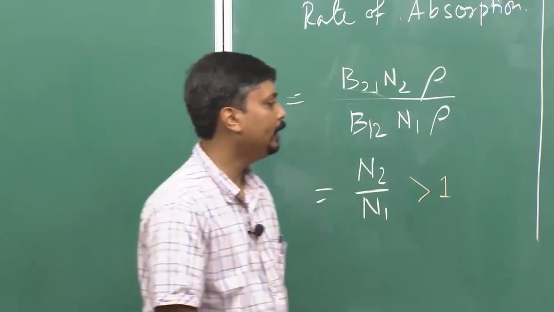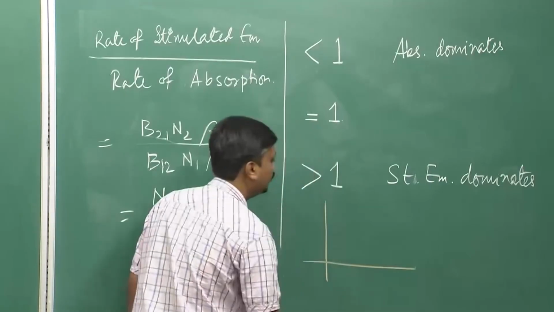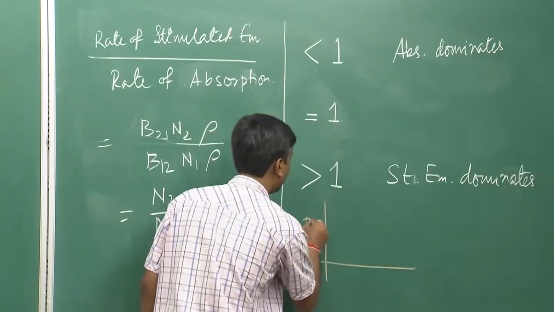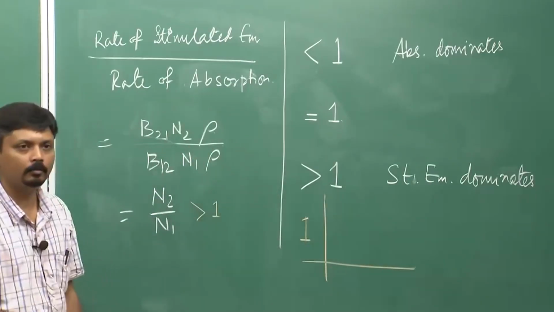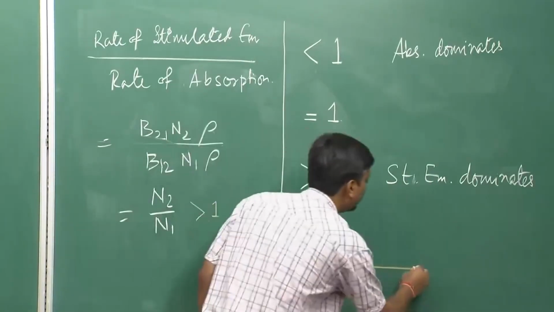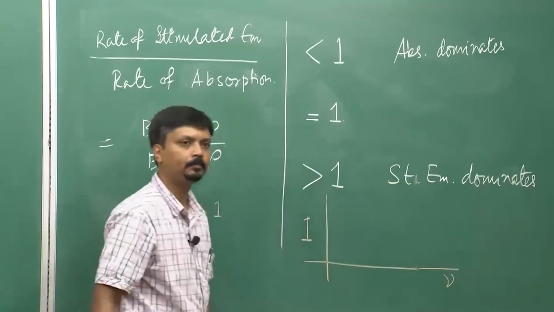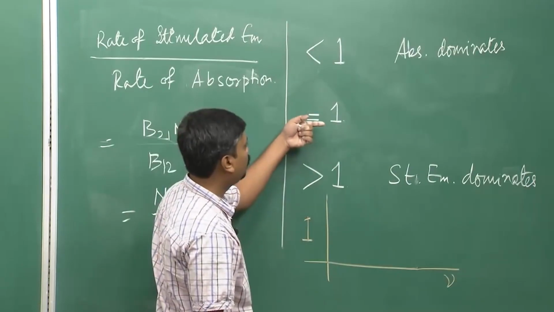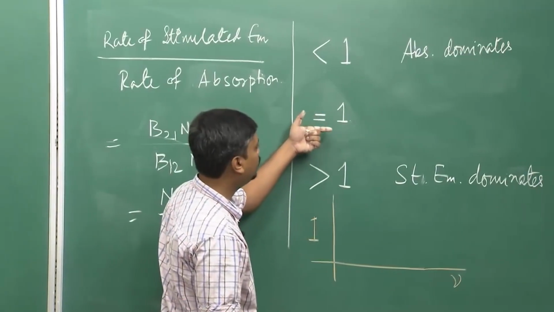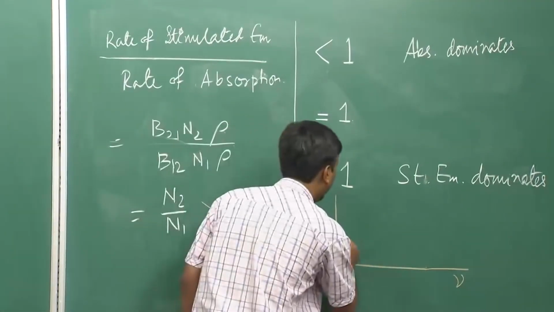What I will see can be shown graphically if I plot the intensity of light as a function of frequency. So, when I have a condition which is equal to this, I have no net gain.